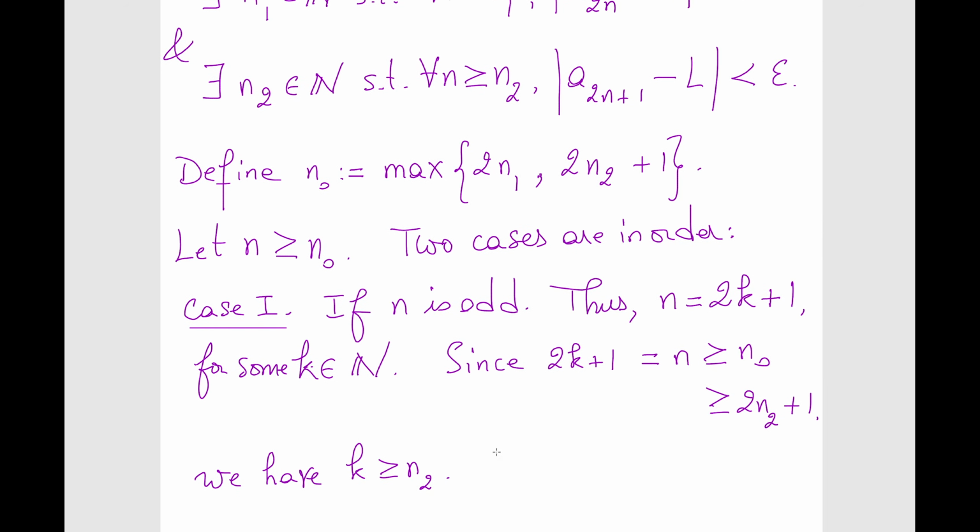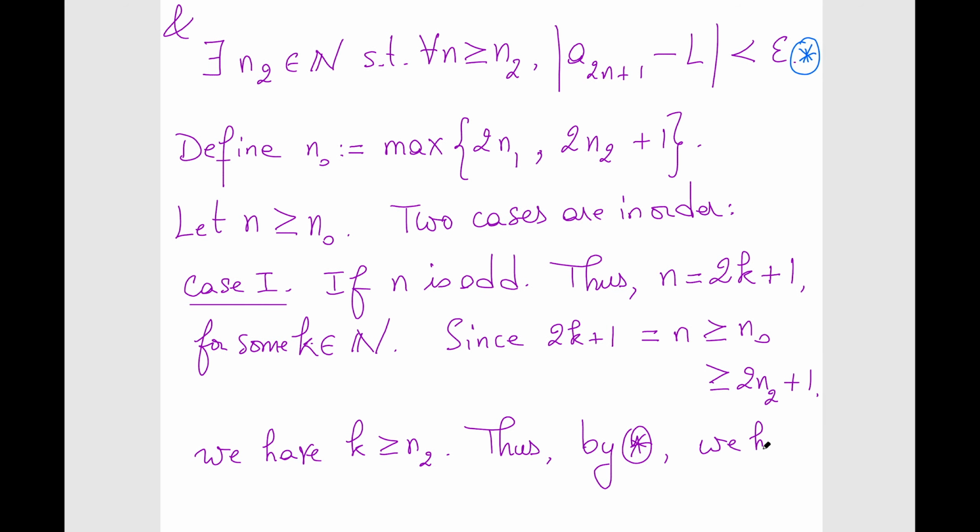So thus, how about we give it a name? Give it the name asterisk. So thus, by asterisk, we have that because k is at least n2, as we said, this thing holds for when n is replaced by k, right? Because it holds for any n bigger than or equal to n2, in particular the k that we have.